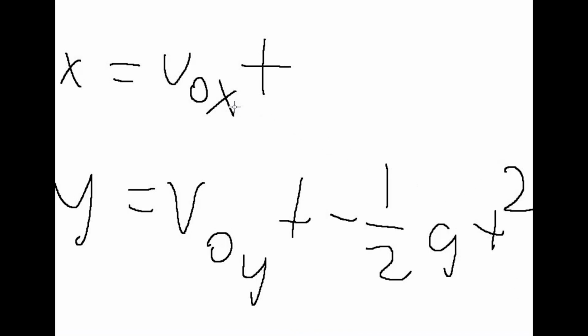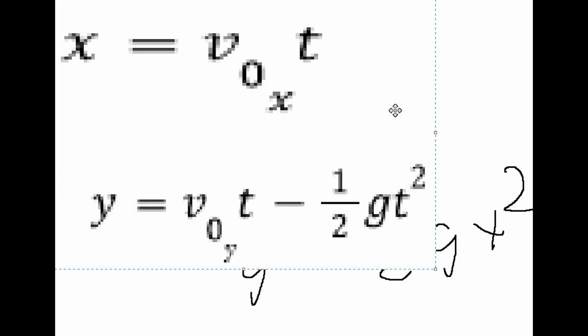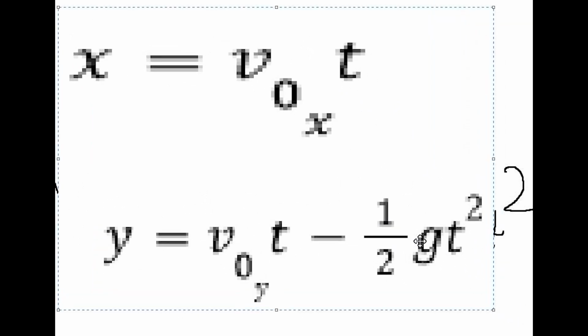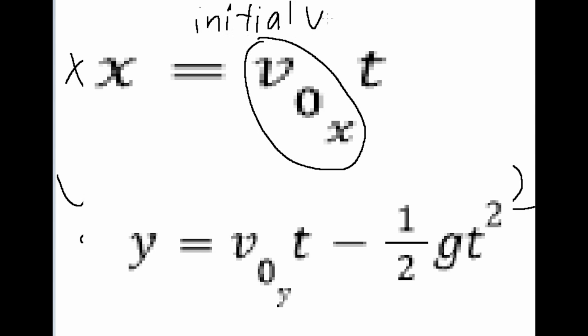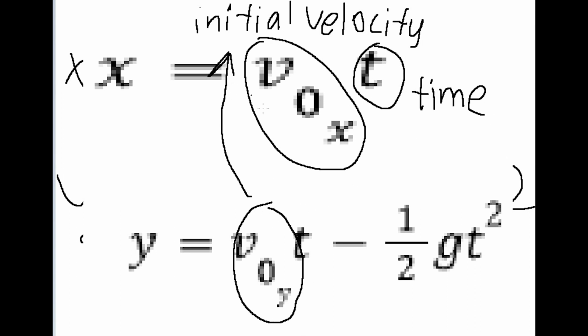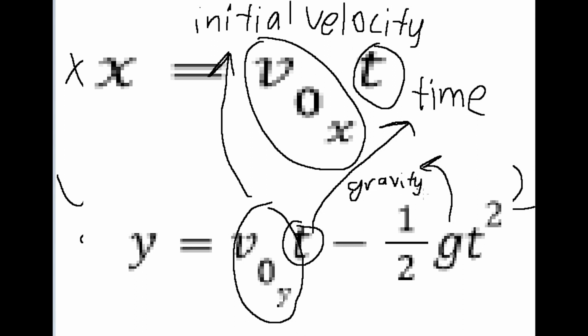In the equations above, the x of 0 and y of 0 stand for the initial position of the projectile, and v subscript 0 subscript x and v subscript 0 subscript y stand for the initial velocity, while the subscripts x and y stand for the initial angle of launch. T is the time elapsed since the initial launch, and g stands for the acceleration of gravity, which is negative 9.8 meters per second squared.